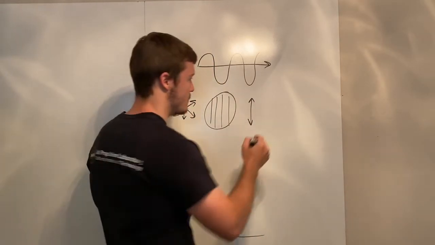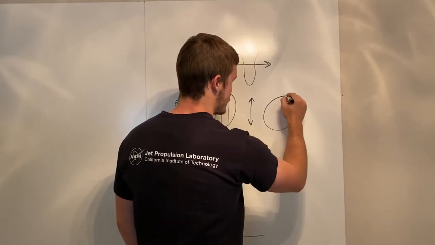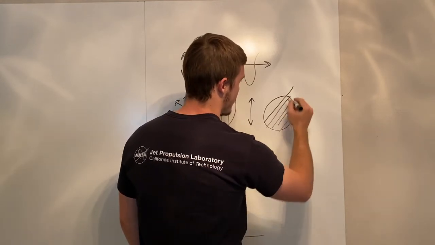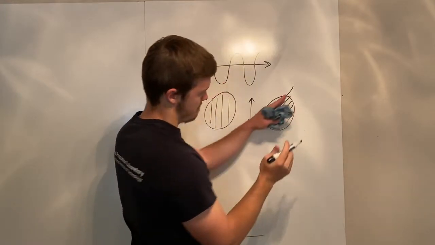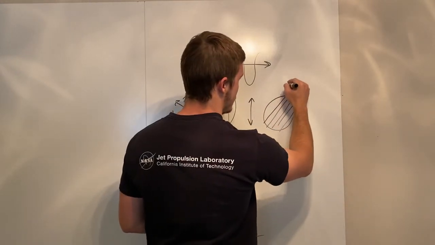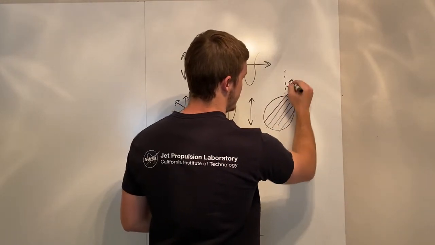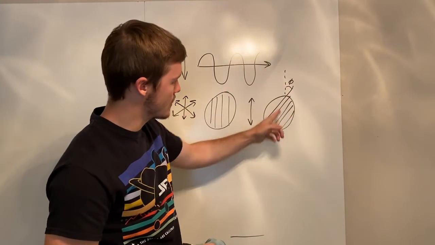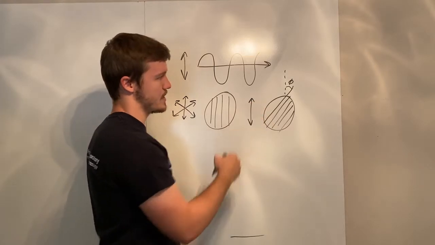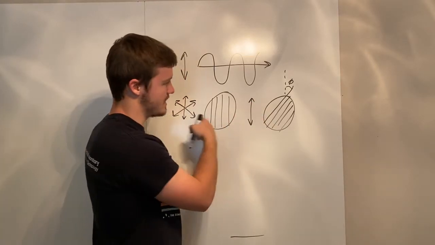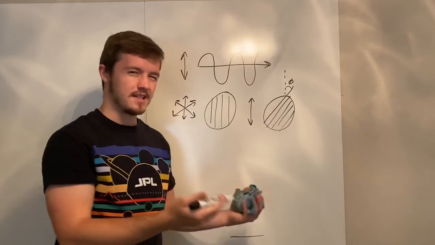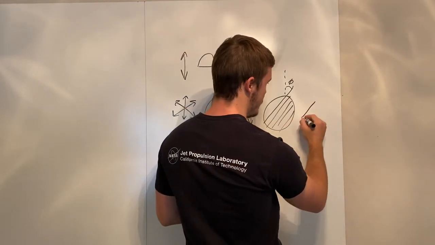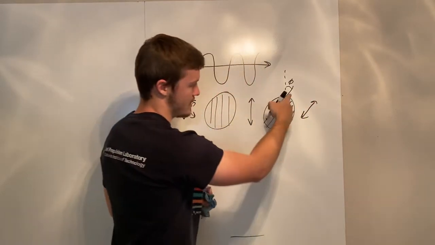Then I'm going to send it into another one, and this one is going to be at some angle. The angle of the polarization direction is right here, so we're going to call that phi. That's just the angle from the vertical, which is basically the polarization of the light coming in, which is why we needed to send it through a polarizing filter first to make sense of it.